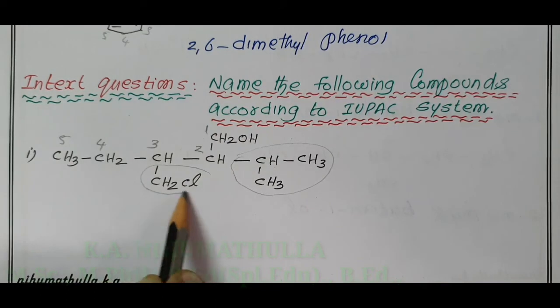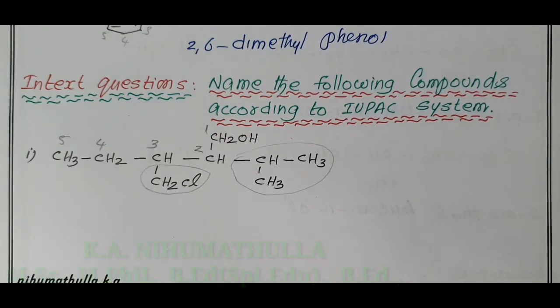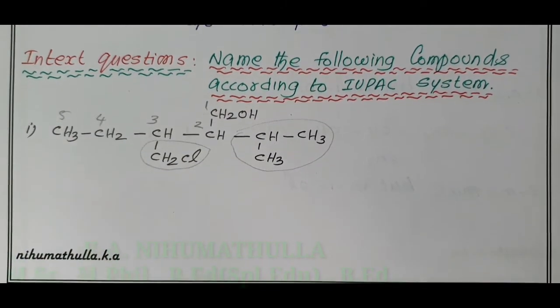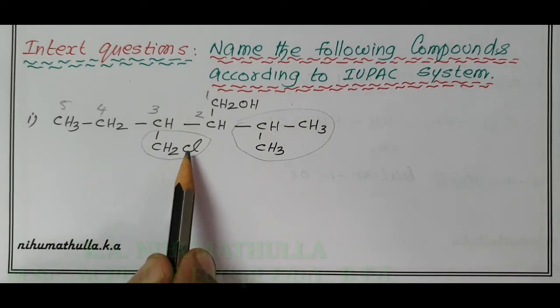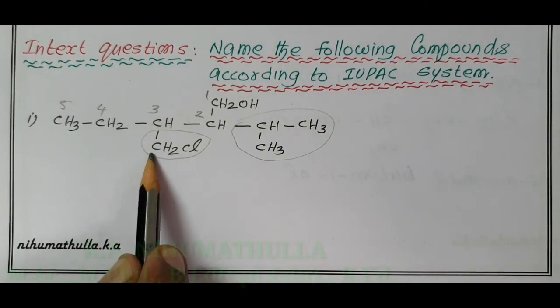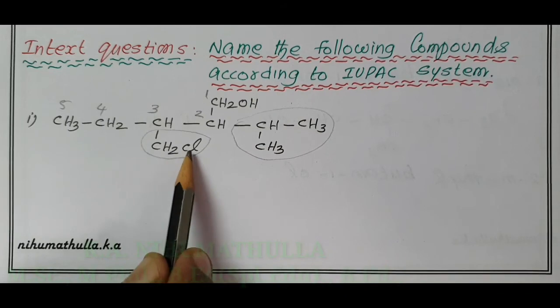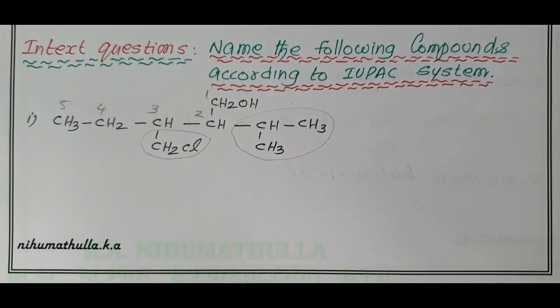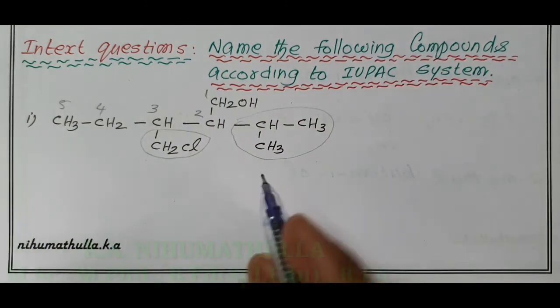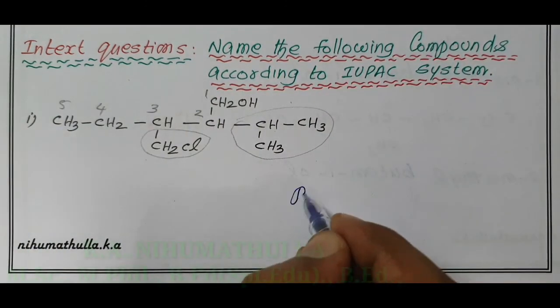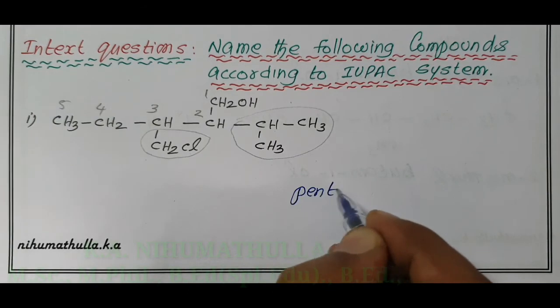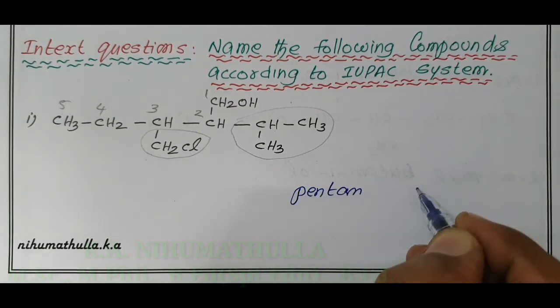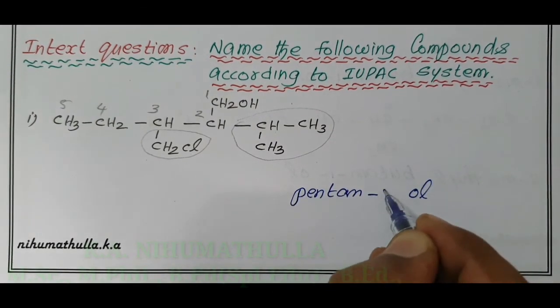In the third carbon, we have CH2Cl. What is CH2Cl? A new name, nothing but chloromethyl: one carbon methyl, loss of H, chloromethyl. The main chain contains 5 carbon atoms, root word pent, carbon-carbon single bond ane, OH ol, position of OH is 1.